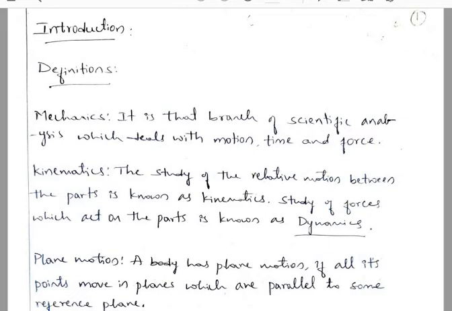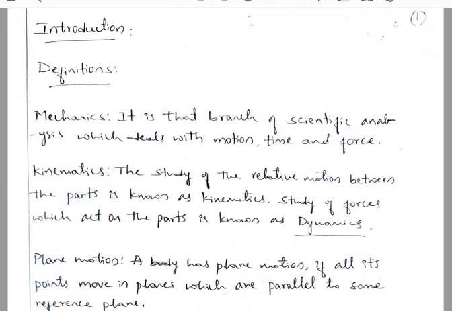So what is this kinematics of machines? It is that branch of theory of machines which deals with the study of relative motion of various machine elements without the consideration of forces. It is also called pure mechanism.